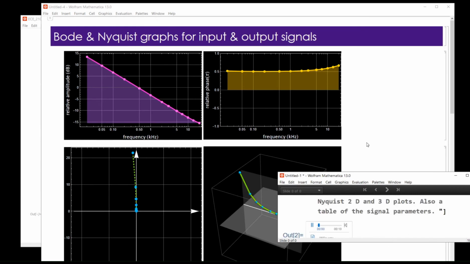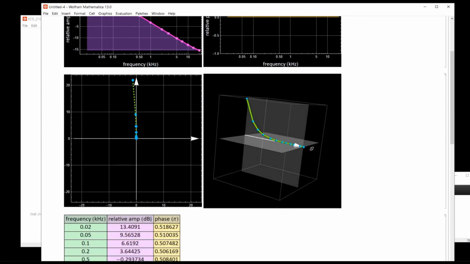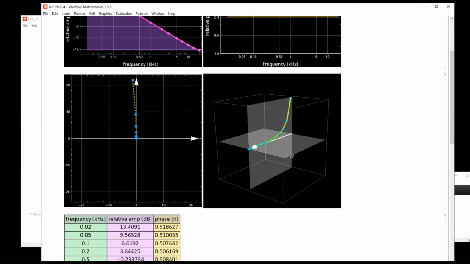The output is two files. One contains the Bode plots, Nyquist 2D and 3D plots. Also a table of the signal parameters.